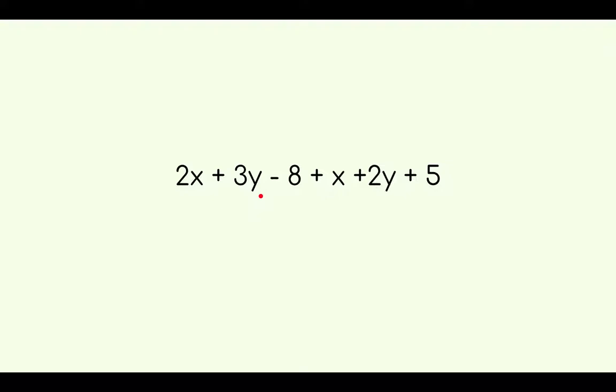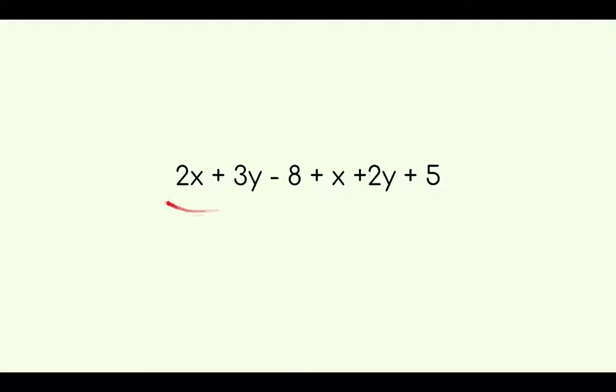So a term is a single number or variable or numbers and variables multiplied together, separated by a plus or minus symbol. So you can see within this expression that we have plus and minus signs. Every time you see one of those symbols, it's telling you that another term is beginning. You just had one that you read, and then another one is about to begin.